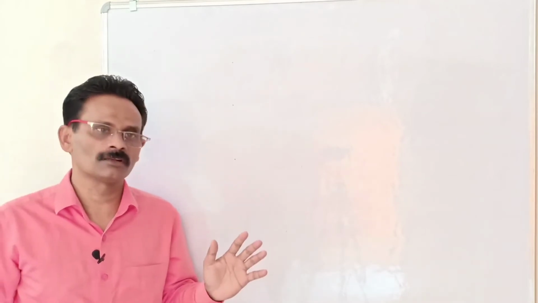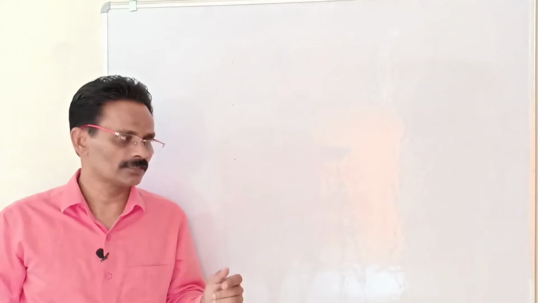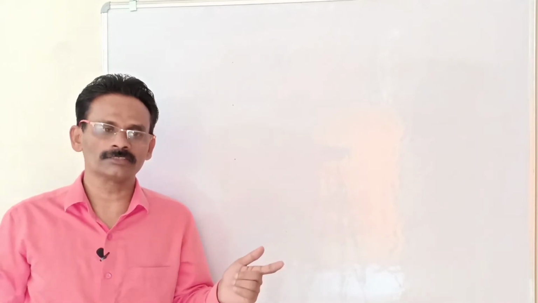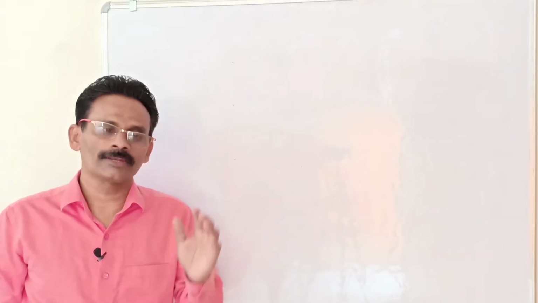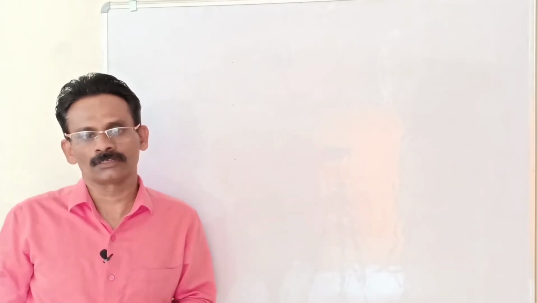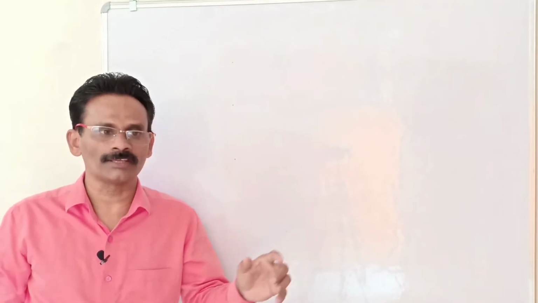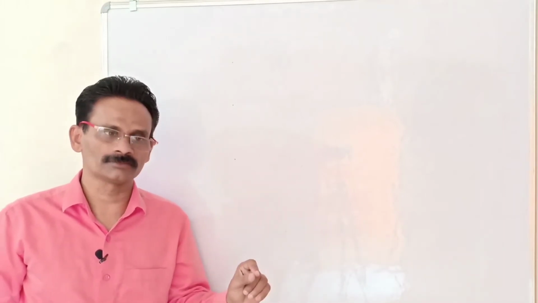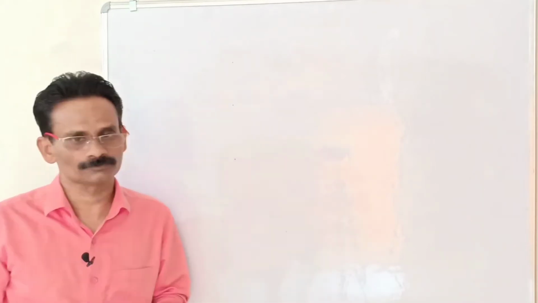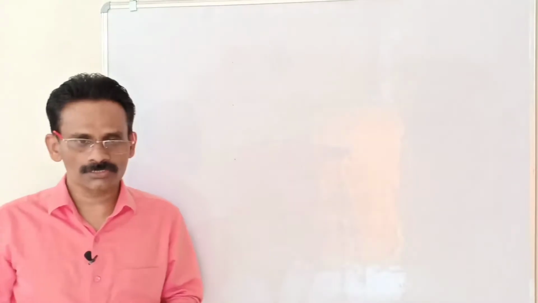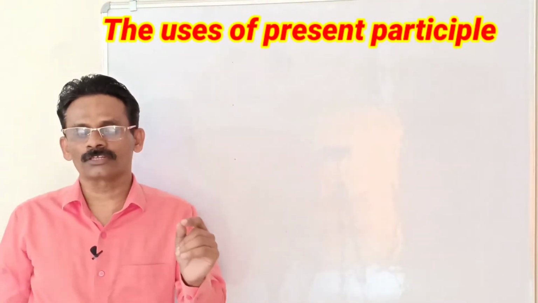Past participle is always the 3rd form of the verb, like written, broken, spoken, and so on. And perfect participle is having plus verb 3: having broken, having written, having gone. Now, let's go through the uses of present participle.